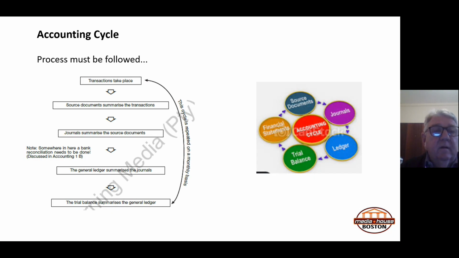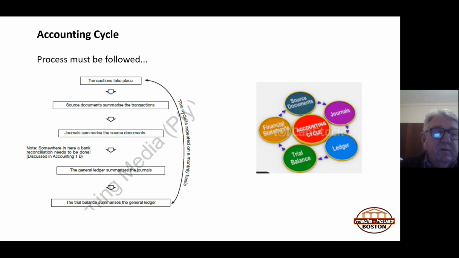Okay, then just the recap on our accounting cycle. Transaction took place, we have source documents, the journals, and we put them into our general ledger.